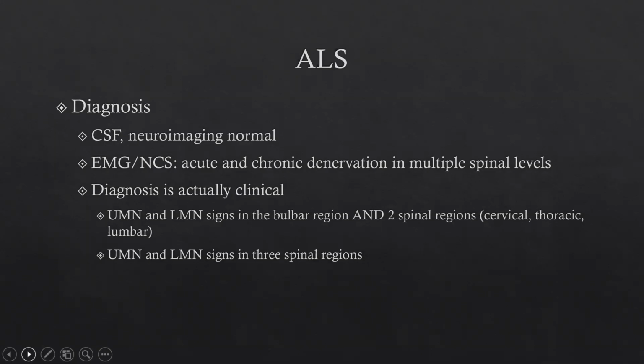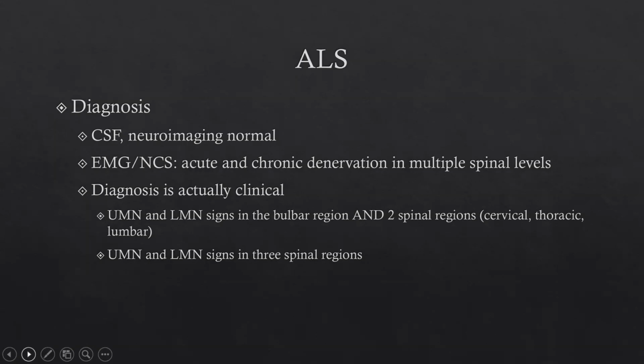When you do your nerve conduction study, of course, you want to see evidence of axonal injury, because your anterior horn cell is gone, more than demyelination. And then when you look at your electromyography or EMG, you want to see evidence of denervation. This will be acute and chronic denervation in multiple spinal levels.